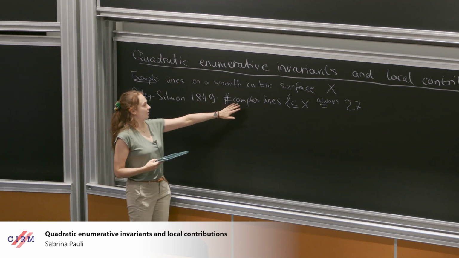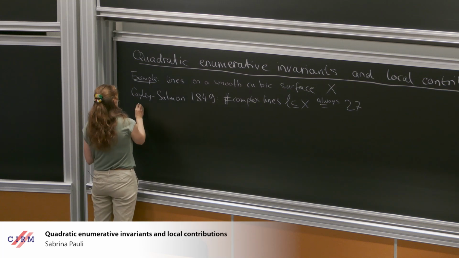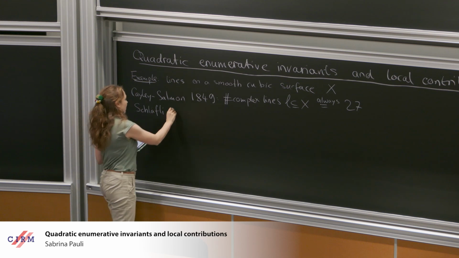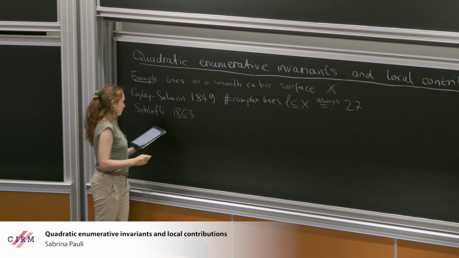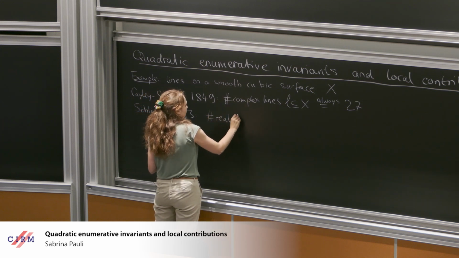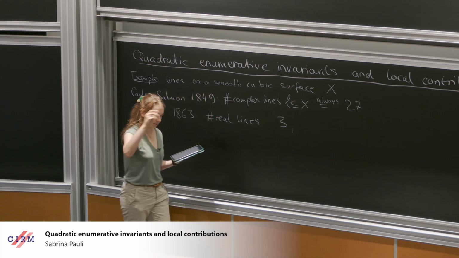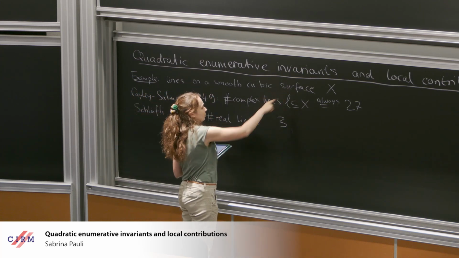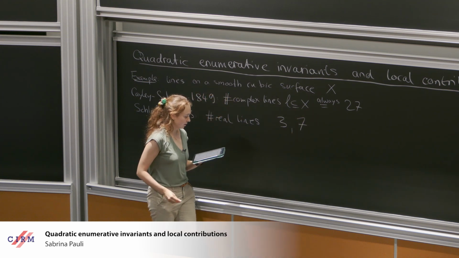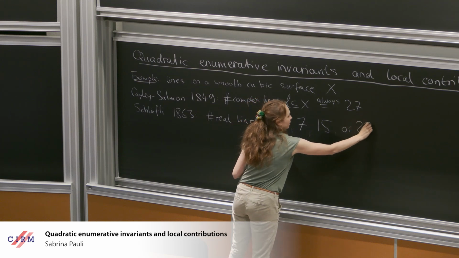So what happens now if I'm only interested in the lines which are actually defined over R? That's something that was already studied by Schläfli in 1863, and he found that there could be 3 real lines, and the rest is pairs of complex conjugate lines if the cubic surface is defined over R. There could be 7, there could be 15, or there could be 27.